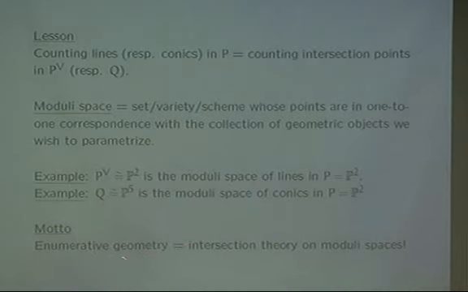But you convert this problem to the problem of counting points after constructing moduli spaces. That's the most important philosophy, and this is the way we solve all possible enumerative problems in algebraic geometry. So that's why moduli spaces and intersection theory are important. If you want to count curves, then you need a moduli space, like Hilbert scheme, Chow scheme, moduli of stable pairs, and things like that.